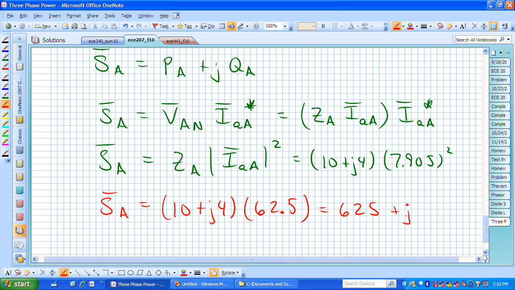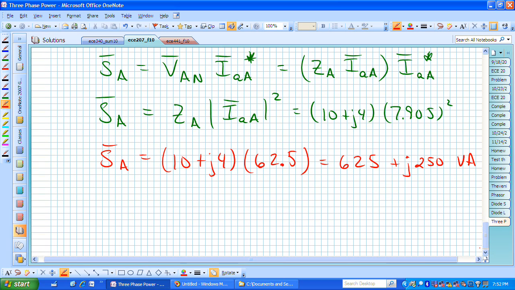We have a reactive power of 4 times 62.5, which 2 times 62.5 is 125, so twice that is then 250 volt amperes reactive, and that's an inductive load, which makes sense because our impedance was inductive, and our A phase complex power is then 625 plus J250 volt amperes.